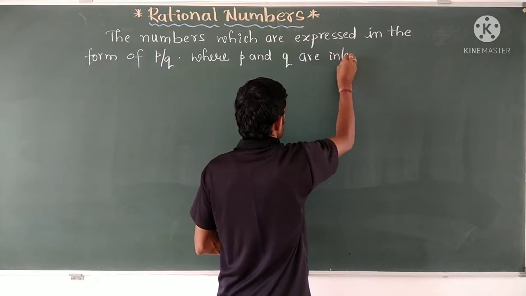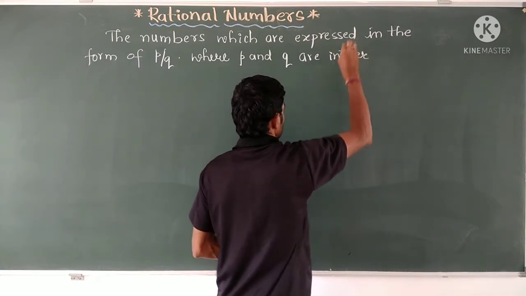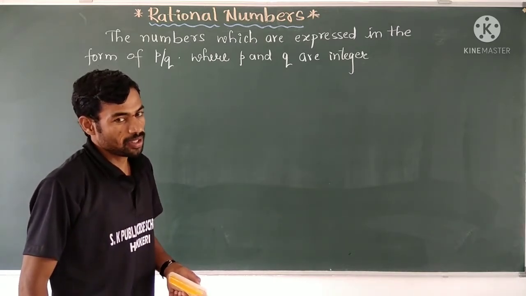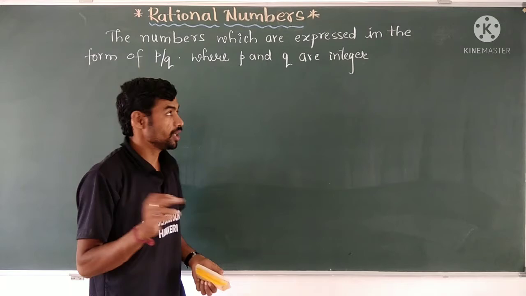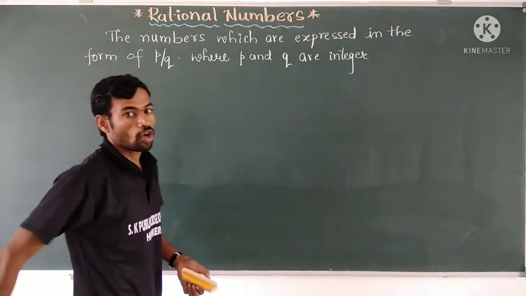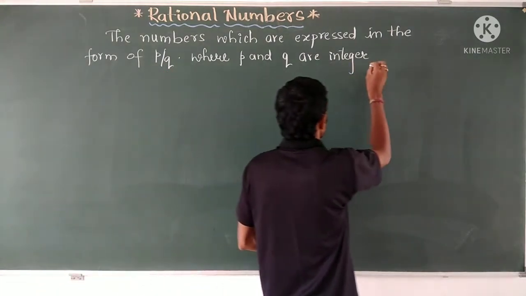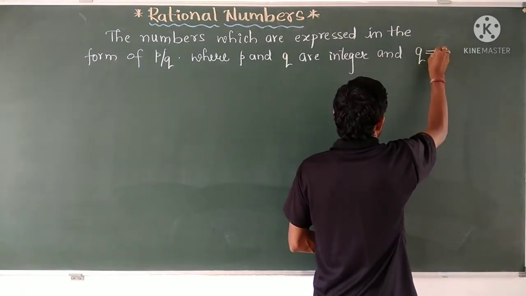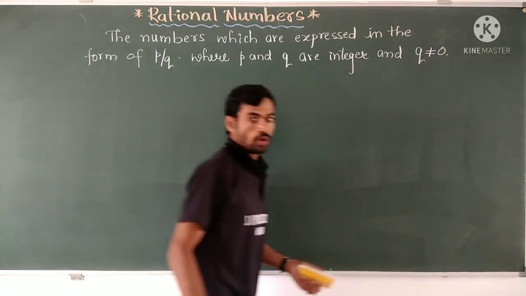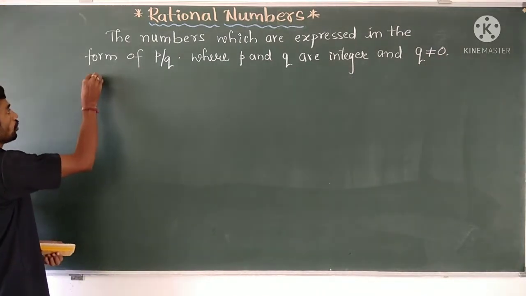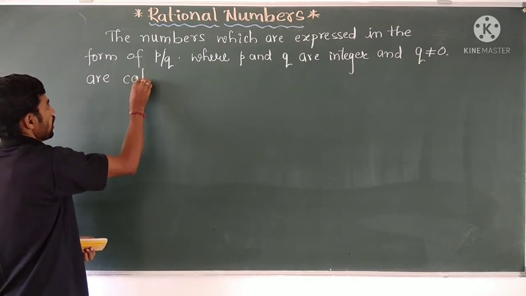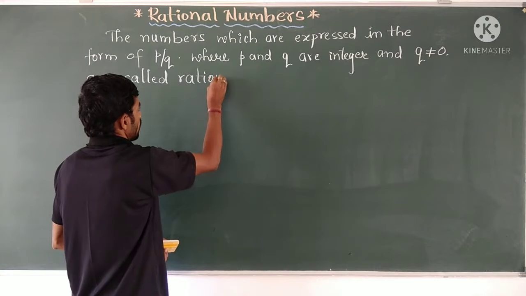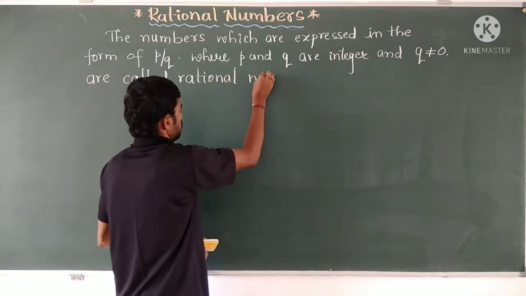What type of integers? Any integer. It can be a positive integer, a negative integer, or zero. But Q should not be zero. This denominator should not be zero. P and Q are integers and Q is not equal to zero. These are called rational numbers.